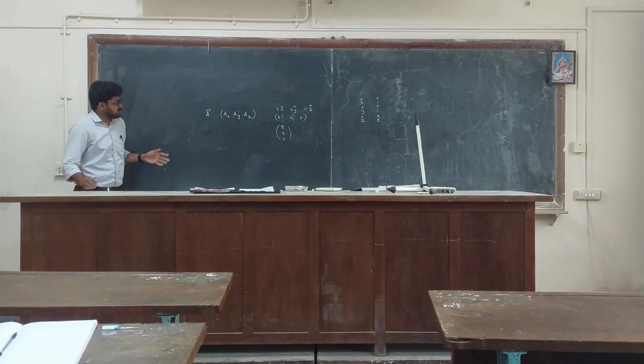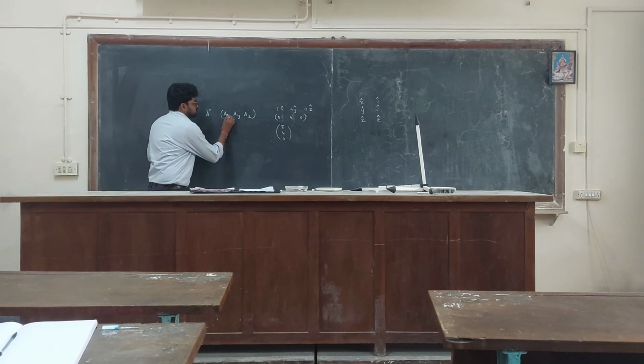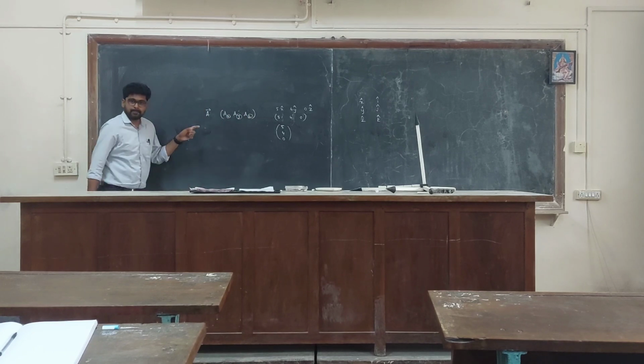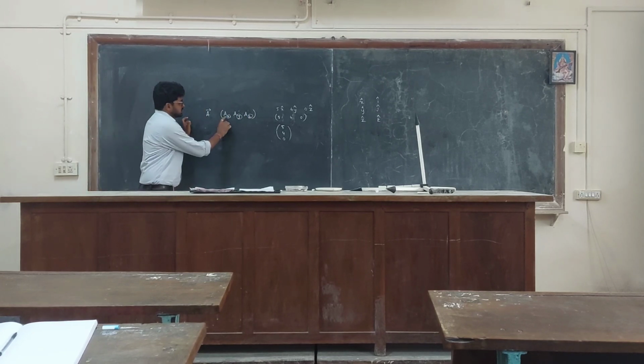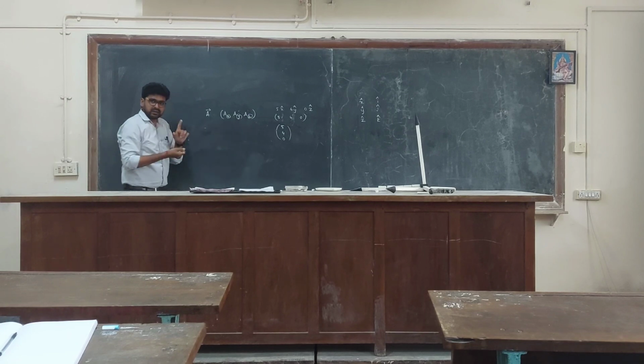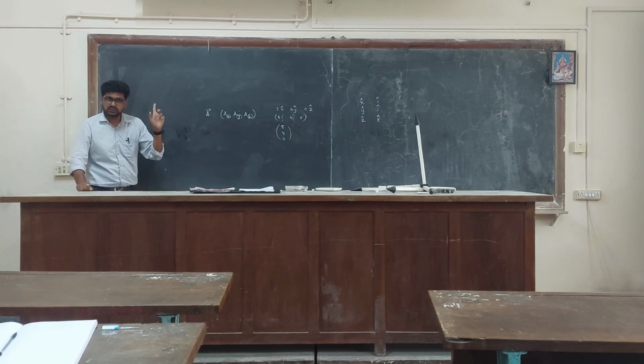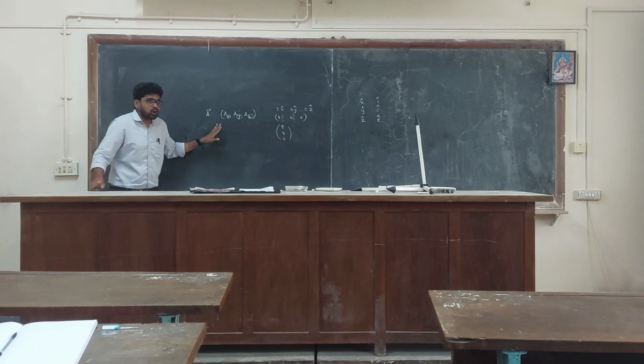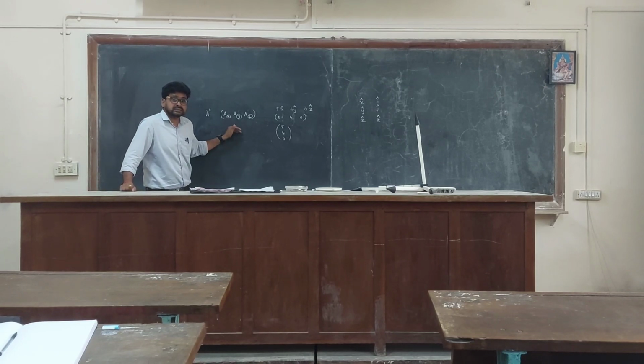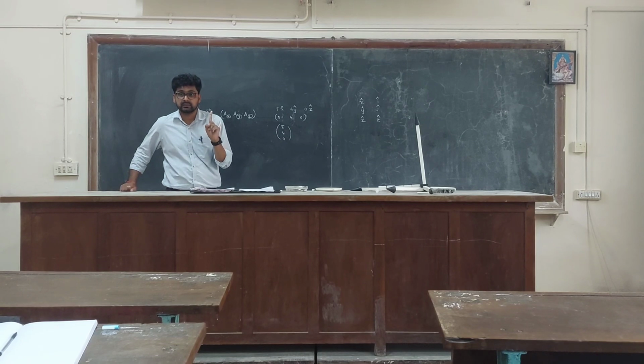Right? Notice that you have only one index per component. This is a component. So there is only one directional indicator: x direction, y direction, or z direction. This is what makes vectors tensors of rank 1, because there is only one directional indicator.